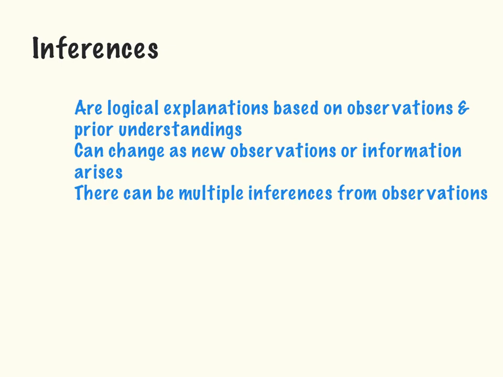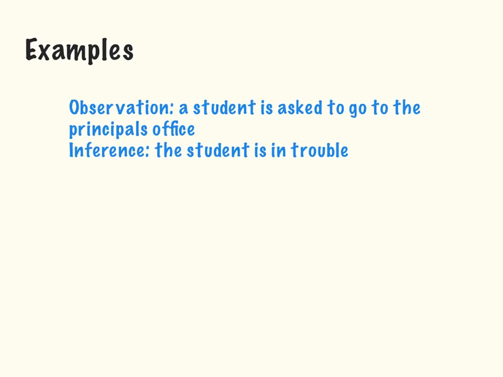So how about we have a look at a couple of things? All right, we're sitting down in the school one day and suddenly we hear that a student is asked to go to the principal's office, right? So that's picked up by our senses, we hear it. And then we see this student walk by towards the principal's office.